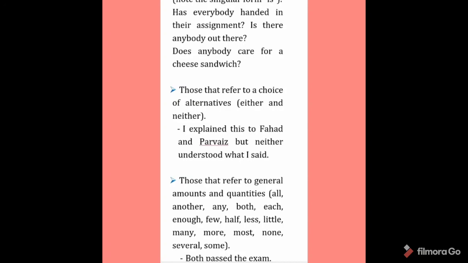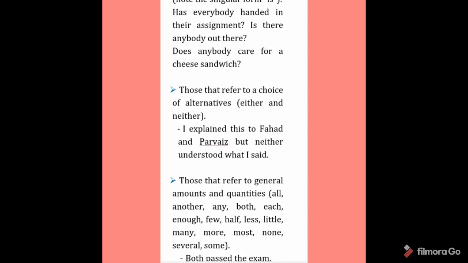We will use the singular form of the verb. Is everybody accounted for? Note the singular form is. Has everybody handed in their assignment? Is there anybody out there? Does anybody care for a cheese sandwich?